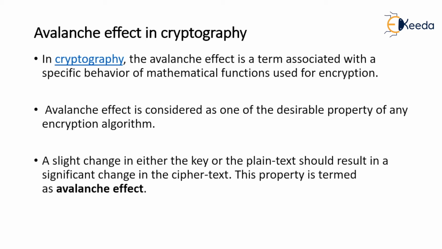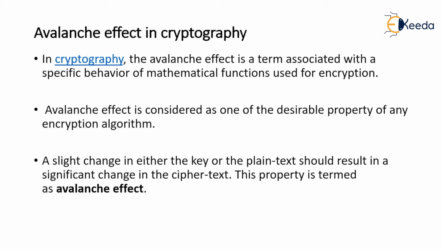That means if any single bit is changed in the key or in the plain text, it will result in a significant change in the number of bits in the ciphertext.